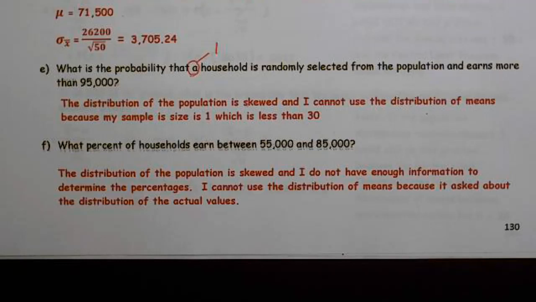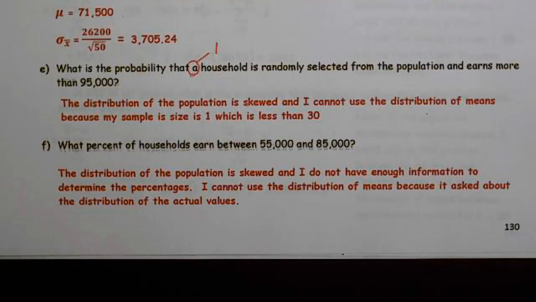If it says, what's the probability that in a group of 100 households, the average is between 55,000 and 85,000, then I could, but I can't do it for individual values. And it says what percent, how many households is basically it asking. So how many single households earn between 55 and 85,000? So I can't do it.